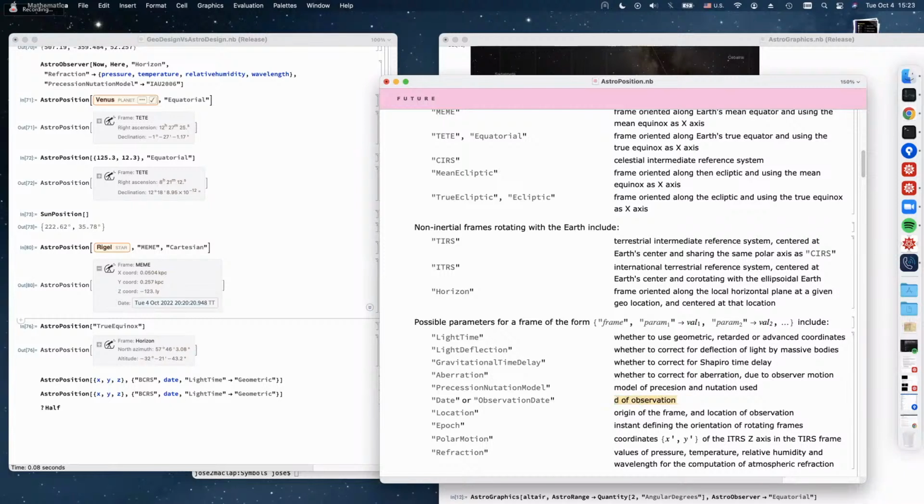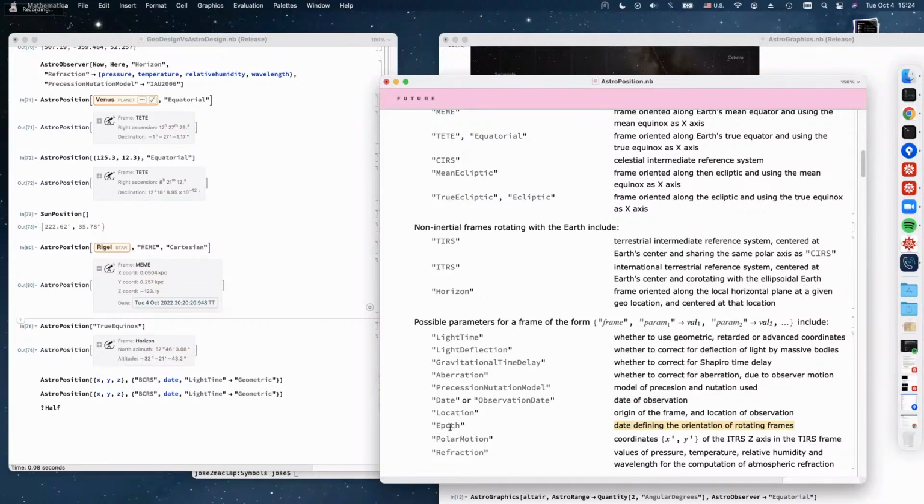Yep. Okay. So then epoch is the date that defines the frame. Yes. And the standard terminology here is "of date", which means of today, of the observation date, or some people say of J2000, for example. J2000 is a very important date in astronomy. No, I understand.